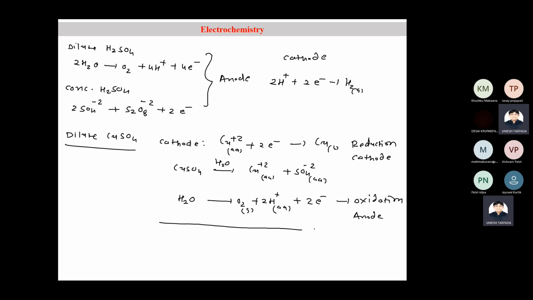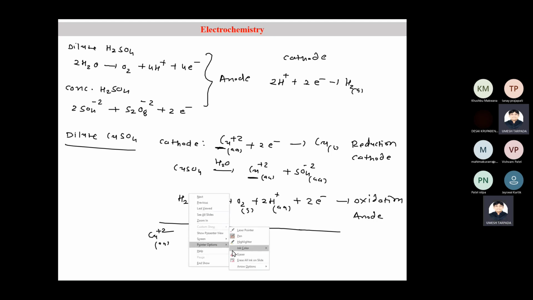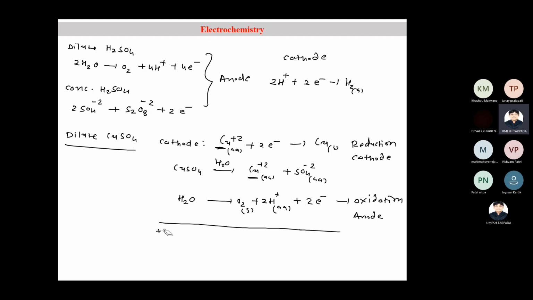So if you want to write down the overall reaction, then what happens? Cu plus 2 is cancelled out on both sides. So you can directly write down CuSO4 plus H2O. Now on the right hand side, electron gets cancelled out.